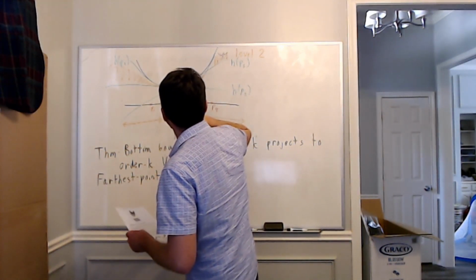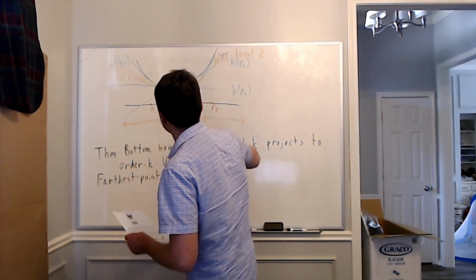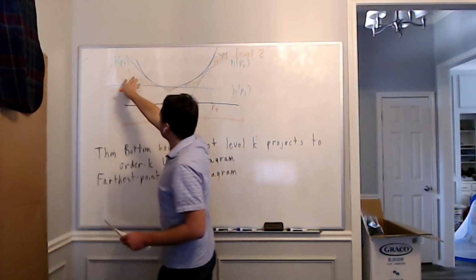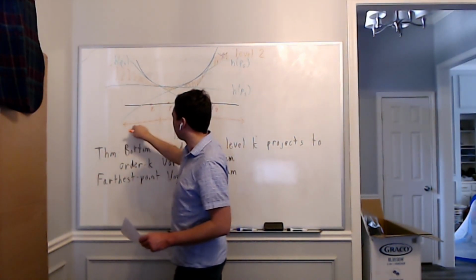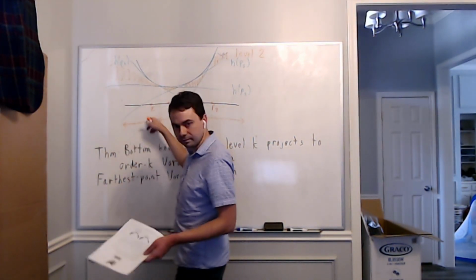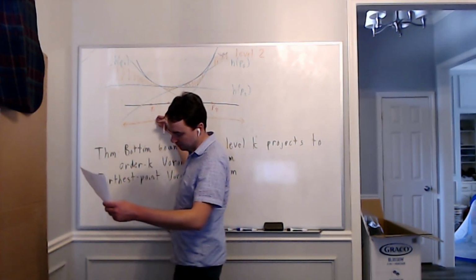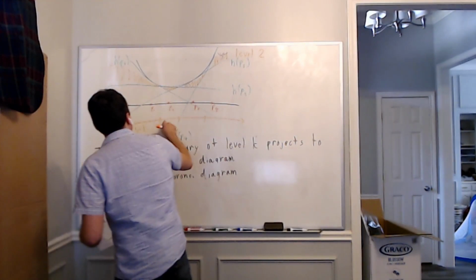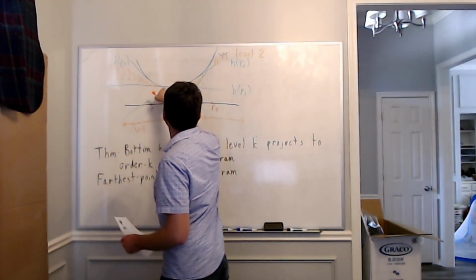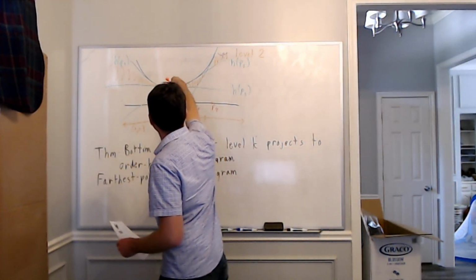This is less interesting than the book's example. That's fine. So this part of the level 2 projects down to this section, in this example on the line, which tells me sites 1 and 2 are closest.